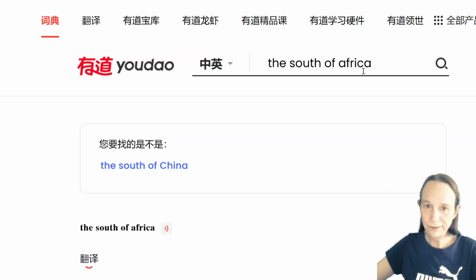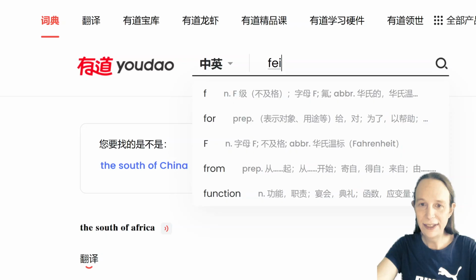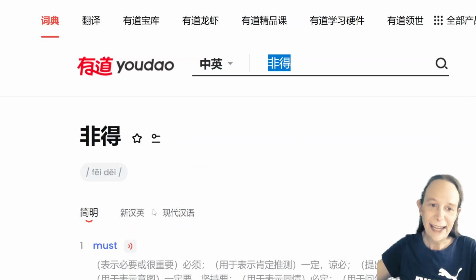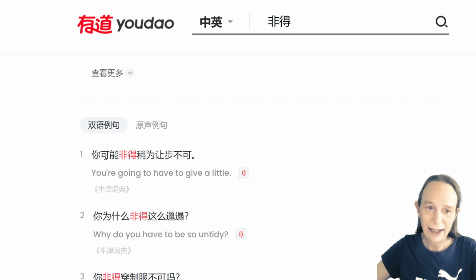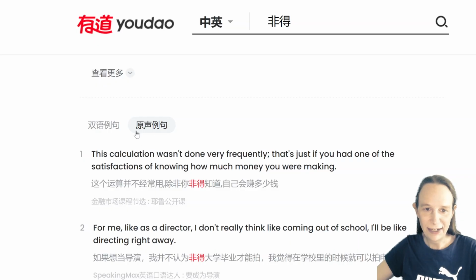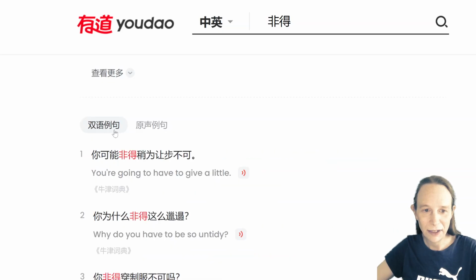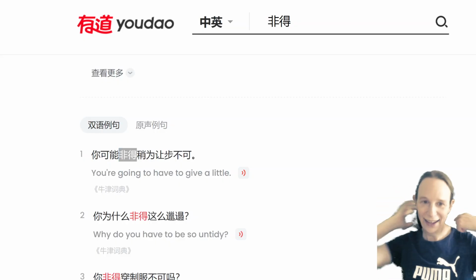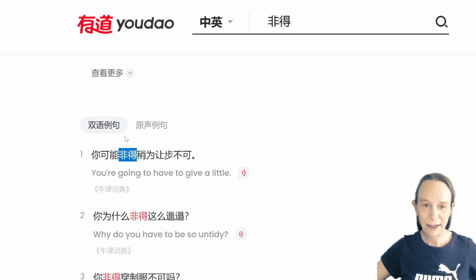非, it's used in 非得. 非得 must，你可能非得稍微让步不可，所以非得不可。Also 非要不可。Oh, what have I done? 原声? I've never pushed that button before. Oh. I didn't even know that button was there. 非得.